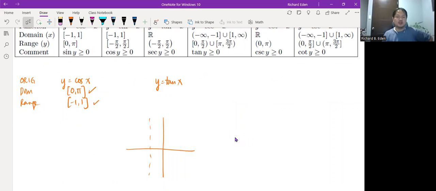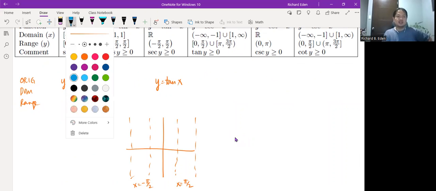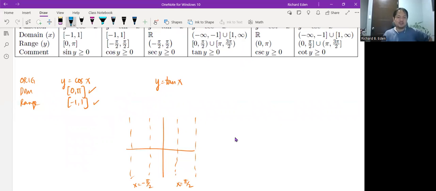If you recall, the graph of the tangent function has lots of vertical asymptotes, but the ones closest to the origin correspond to x equals -pi/2 and x equals pi/2. And then the specific branch within those two asymptotes is going to be this.